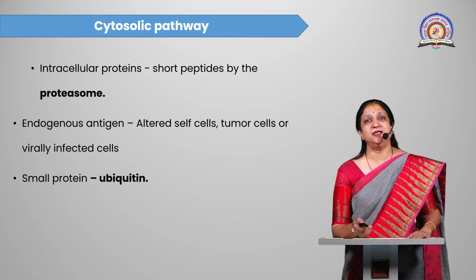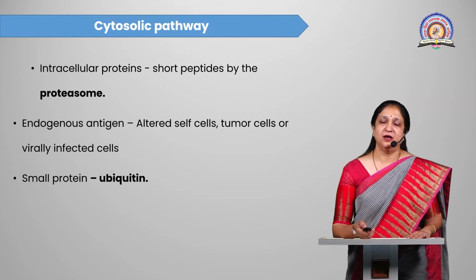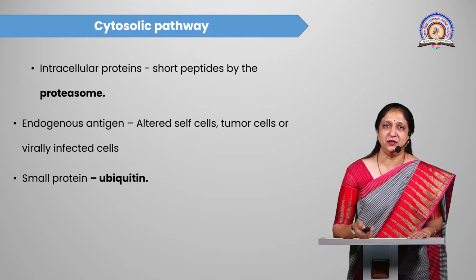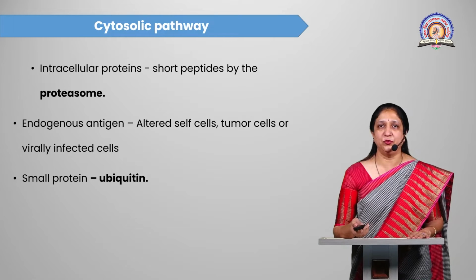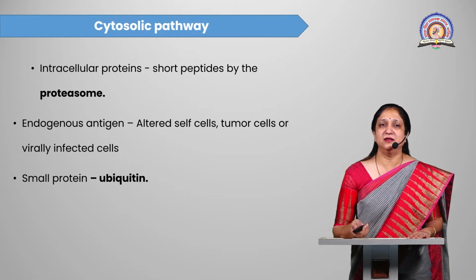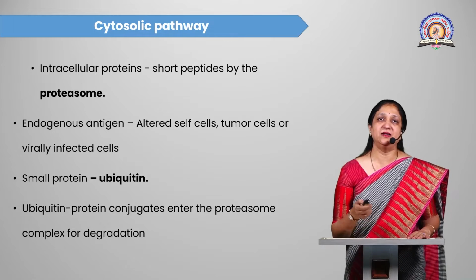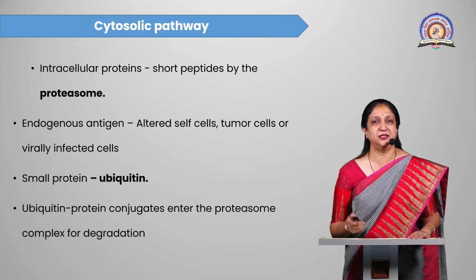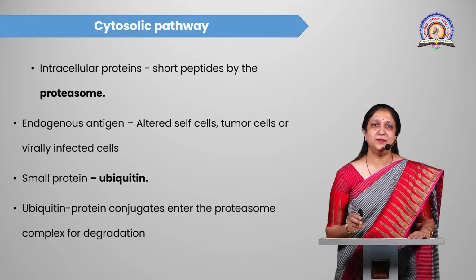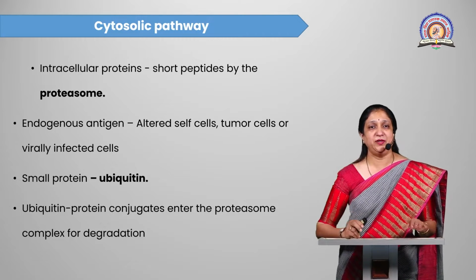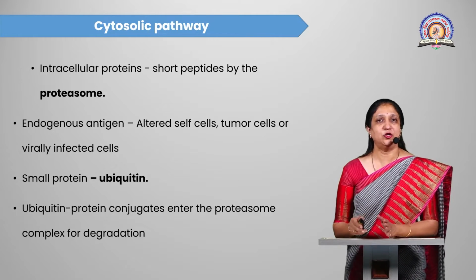To target any particular protein for turnover or for degradation, a small protein subunit called ubiquitin is attached to the protein so that the proteasome can recognize this protein and cause the degradation of the targeted protein. This ubiquitin helps to differentiate between the targeted protein, which is targeted for degradation, and a normal protein.